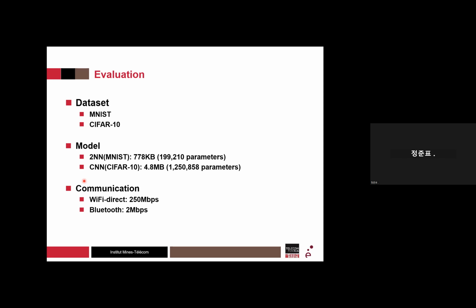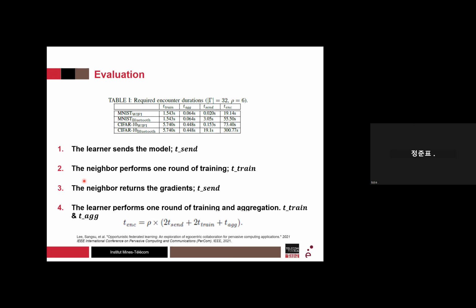And they set the communication environment by deploying devices, where the data rates are 250 megabits and 2 megabits per second. The table shows the required encounter duration for both models.